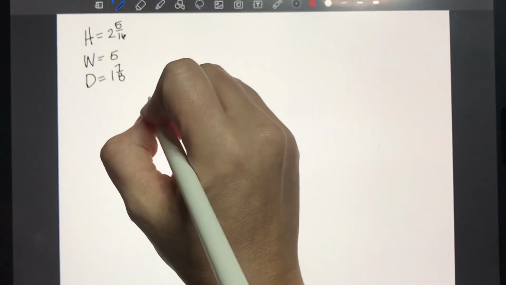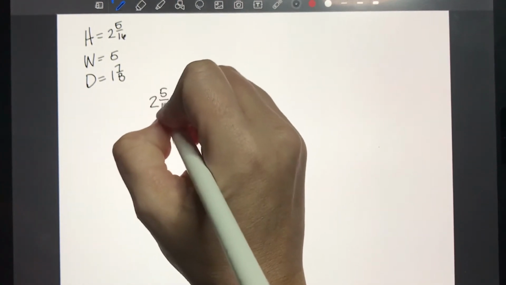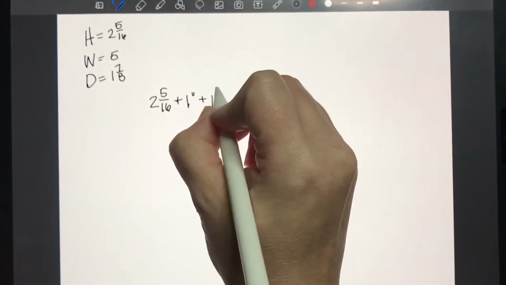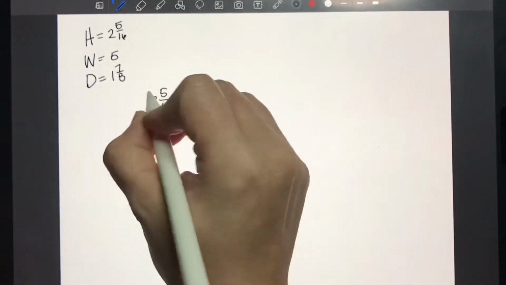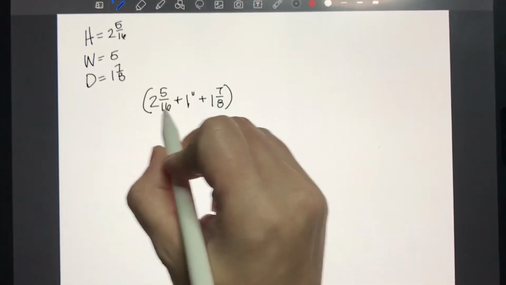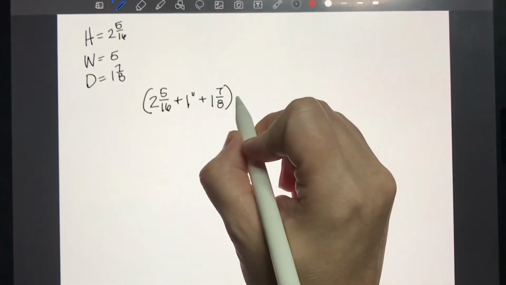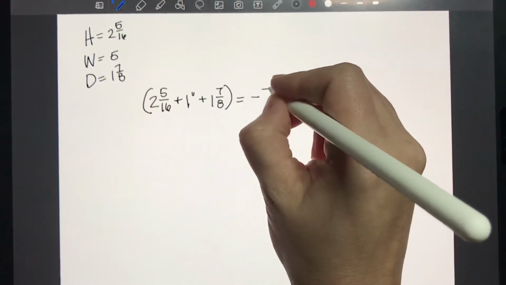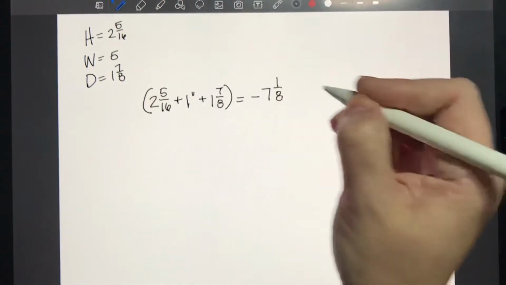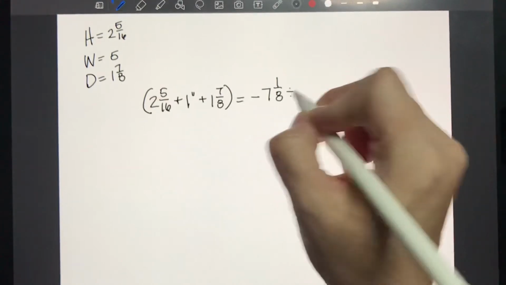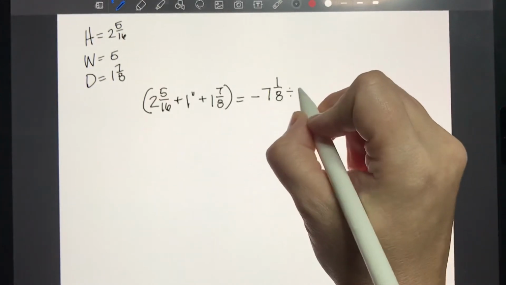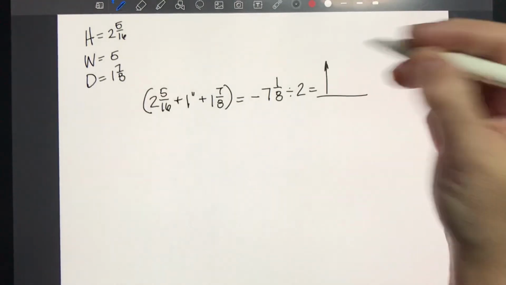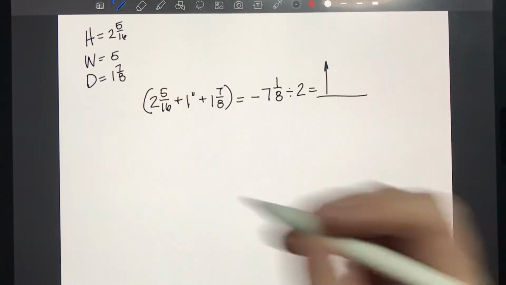The first formula is the height plus our 1-inch spacing plus the depth of the part. Add that together in your calculator, make sure you hit equals, and then minus 7 1/8, which is the height of our drawing space. Whatever that equals, hit equals, divide it by 2, and that's going to give us our up offset.